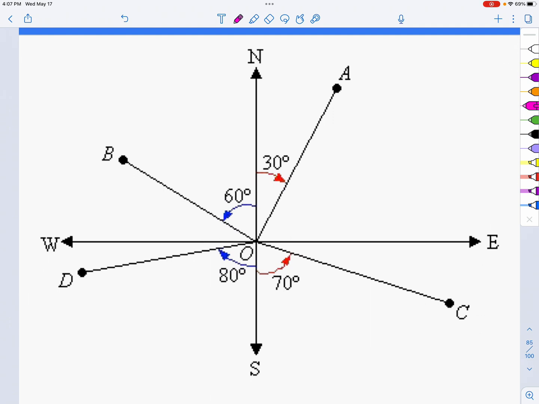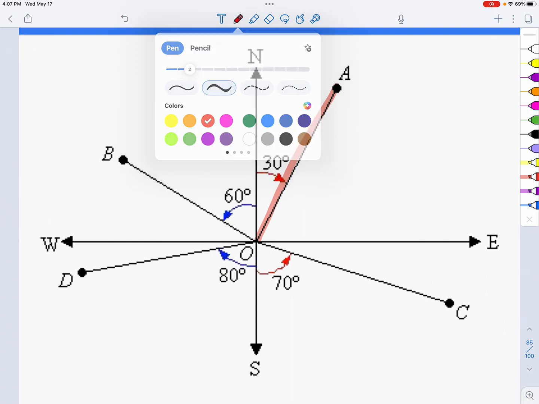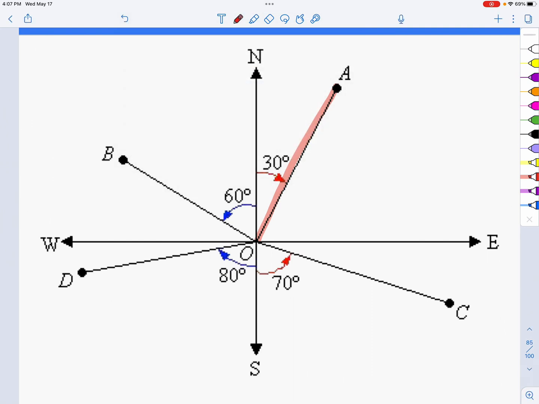So let's look at line A here. That line A is not going north, it's not going east. It's going a combination of northeast. Exactly northeast would be 45, right in the middle of the two, but we're not. So we can describe this direction a couple of ways.